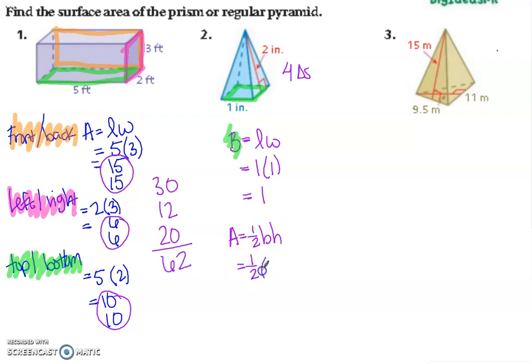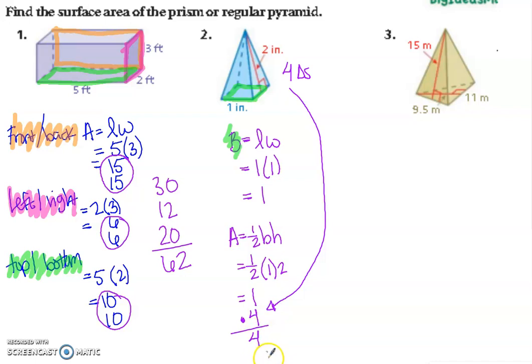I'm going to substitute in the base and height. Base is 1, the height is 2. Half of 2 is 1, and 1 times 1 is 1. So each triangle's area is 1. And there are 4 of them, so I'm going to multiply. The area of all 4 triangles is 4.